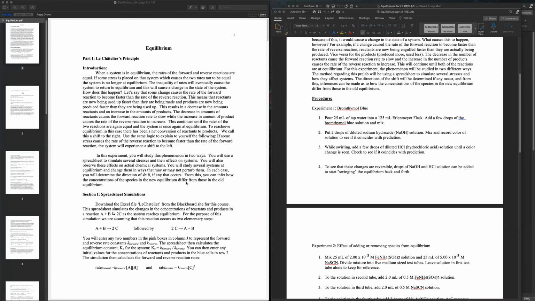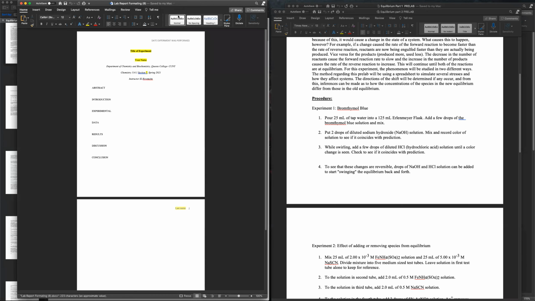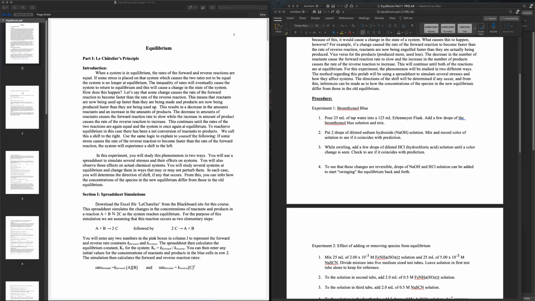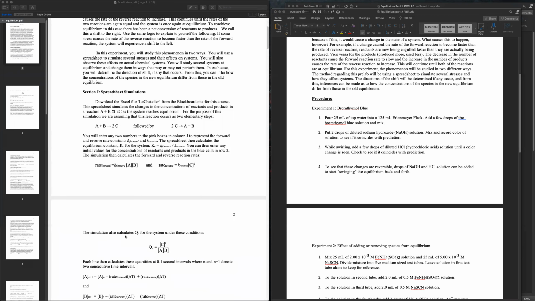Here, you can read the introduction so you can see what is going on. Most of it's pretty much done except the stats. So what's the first thing we have to do in terms of answering the questions? It's a spreadsheet simulation.